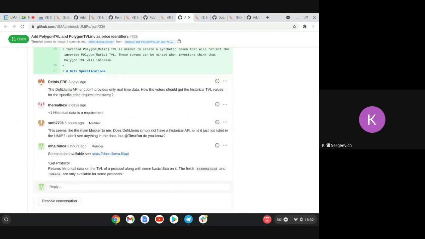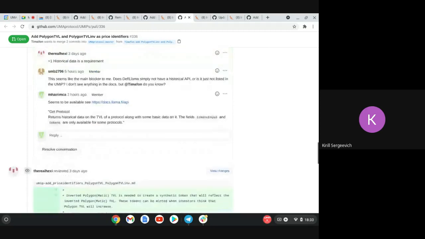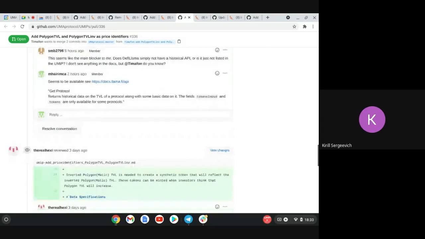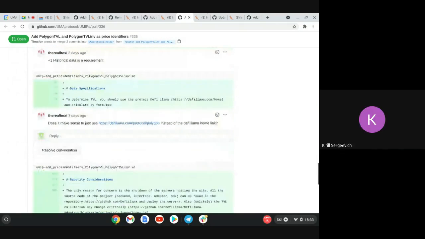We can make some reserve variant for data, something like DeFi pools, if DeFi Llama is not working, but I don't know if it is a good variant or not, because they're not open sourced. And as I understand, we can make some manual guidance for voters for calculating the TVL, but I guess it can be pretty complex. So maybe you have some advice.